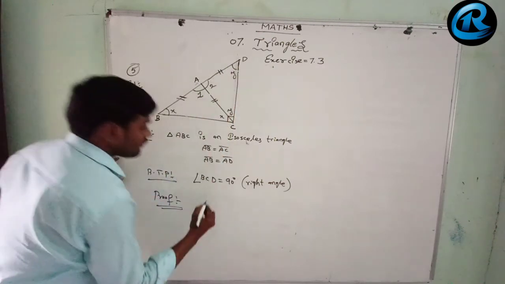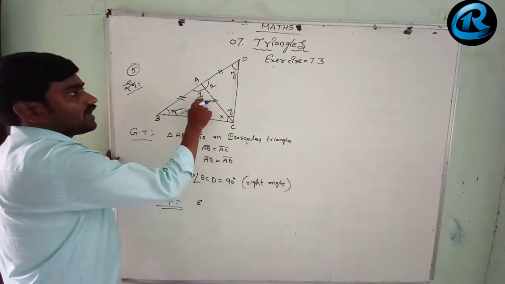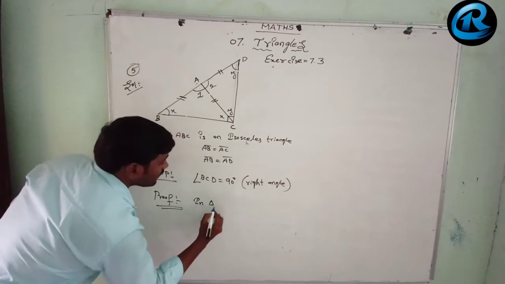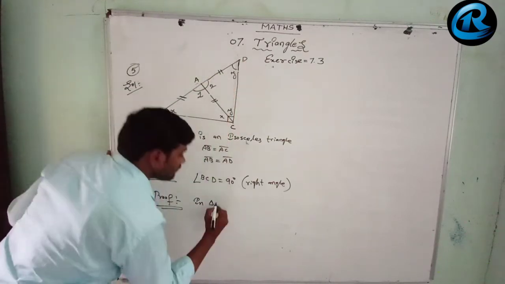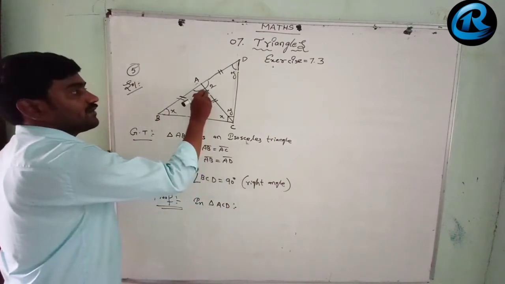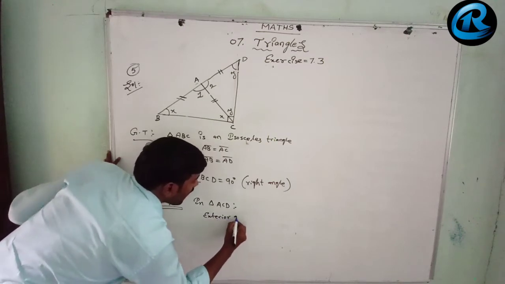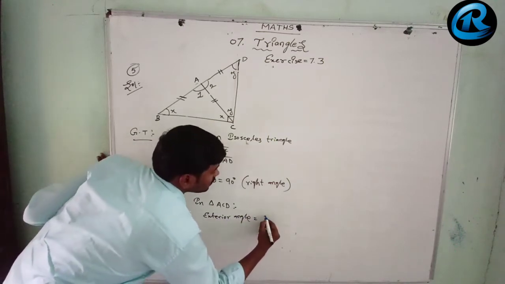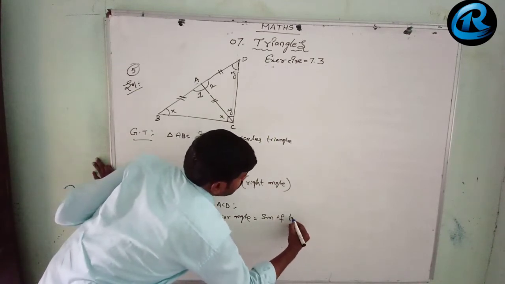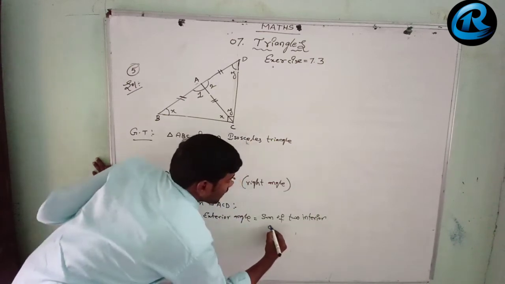So in triangle ACD, the exterior angle is angle 1. The exterior angle is equal to the sum of the two interior opposite angles.